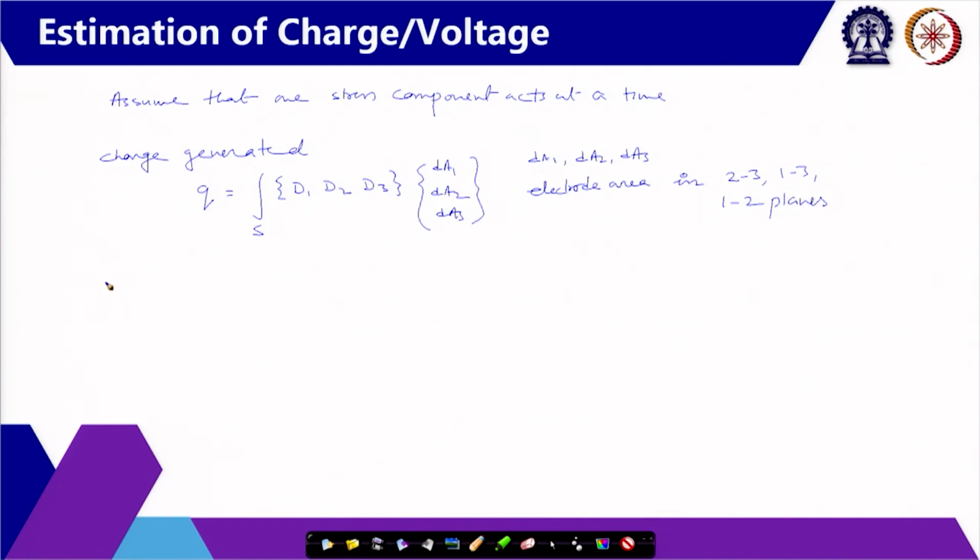Now, the voltage generated can be related to the charge as Q divided by the capacitance Cp.